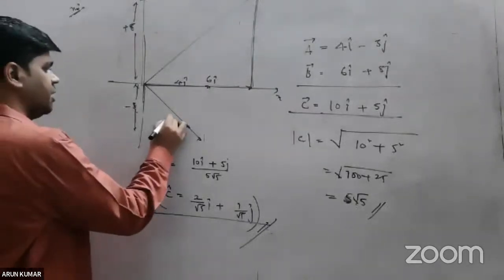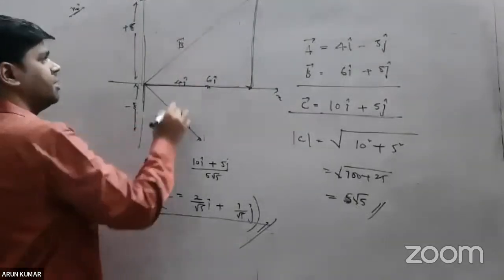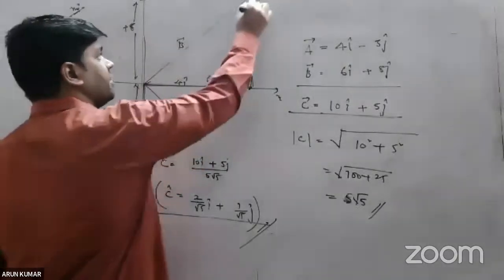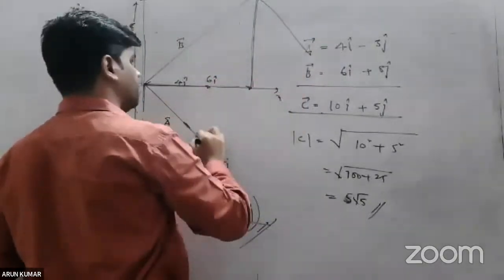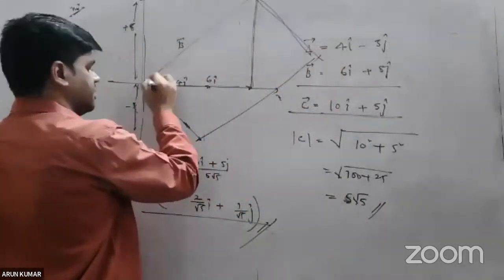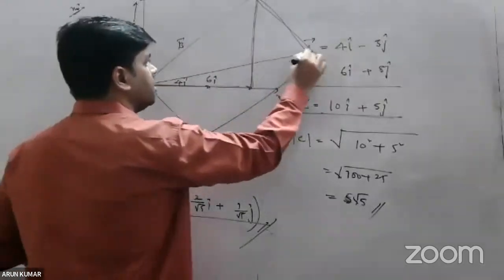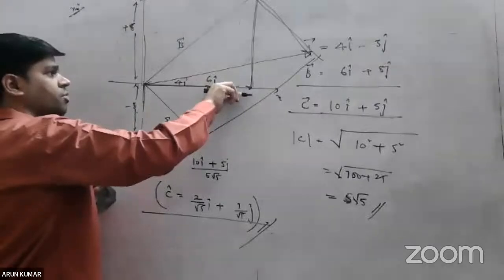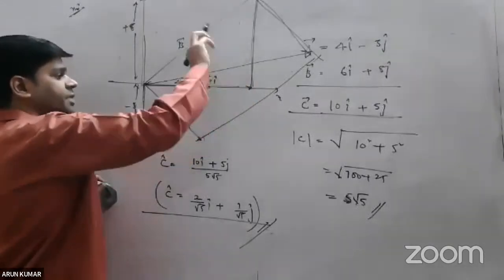So if this is A bar, this is B bar, my resultant is somewhere here, right? If I use the parallelogram law, roughly, you should be able to draw quick rough sketches. This is my resultant. My resultant has both positive components, X is positive and Y is also positive.